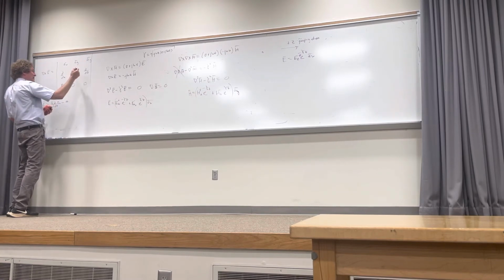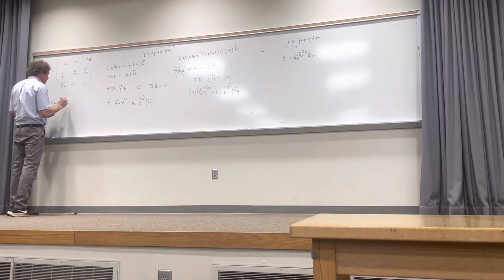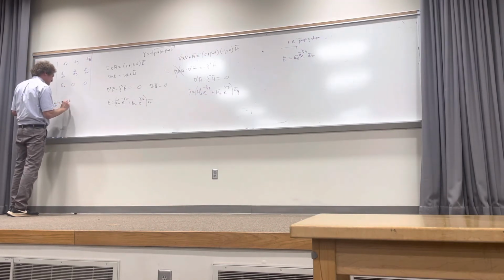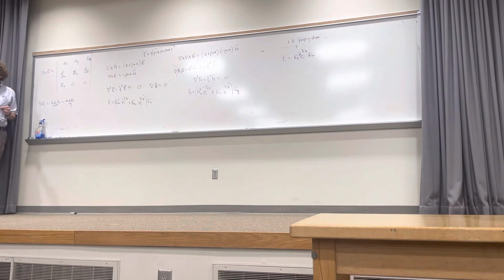So it's going to be minus, it would be the a_z direction here, and it would be d/dy of E_x. I'm just writing it down. Y'all with me? Can you all see this back there?